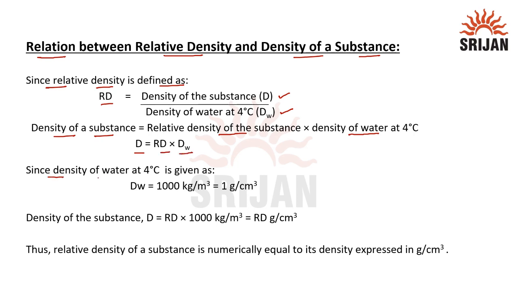Since the density of water at 4 degrees Celsius is 1000 kg per meter cube or 1 gram per centimeter cube, we can write the density of the substance is equal to Rd into 1000 kg per meter cube or Rd gram per centimeter cube. Thus, relative density of a substance is numerically equal to the density expressed in gram per centimeter cube.